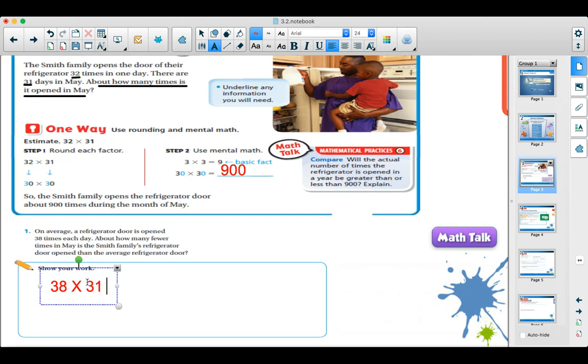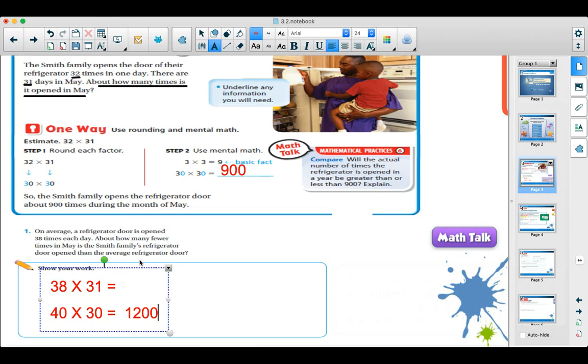So we need to figure out, on average, how many times is the refrigerator door open. Okay, let's round 38 to 40, 31 to 30. Let's look at our basic facts, which is 4 times 3, which equals 12, and let's append the two zeros. So on average, the refrigerator door is open 1,200 times.